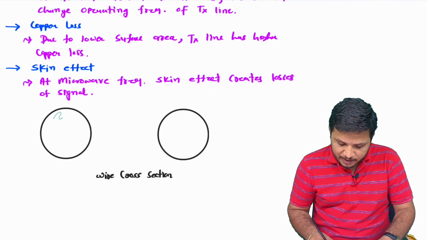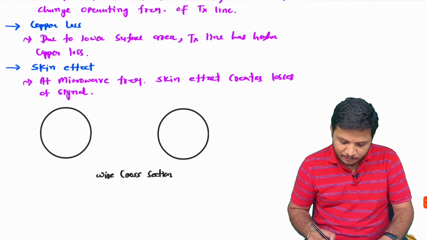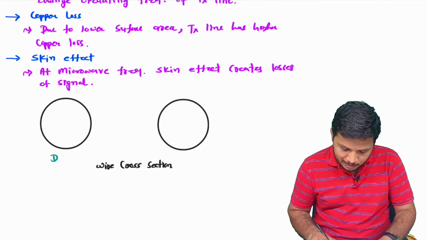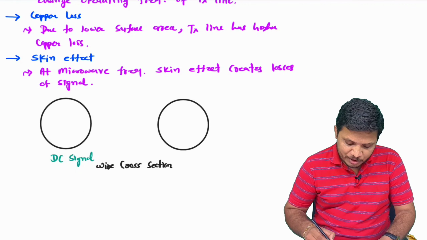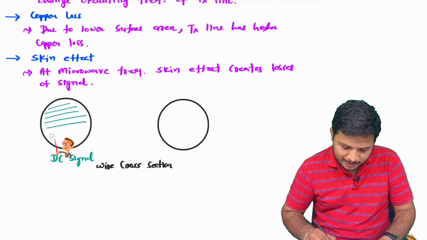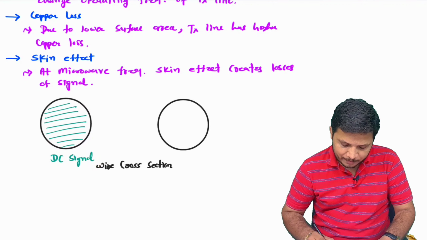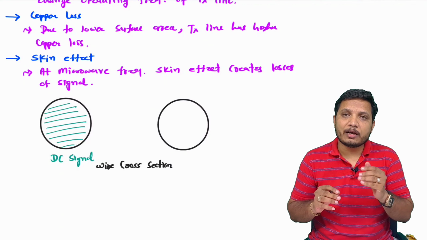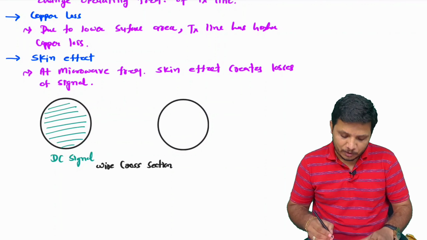With the first copper wire, if I give a DC signal to this copper wire, in that case the current distribution will be uniform throughout the cross section of the copper wire. So when you give a DC signal, the current distribution across the cross section will be uniform.